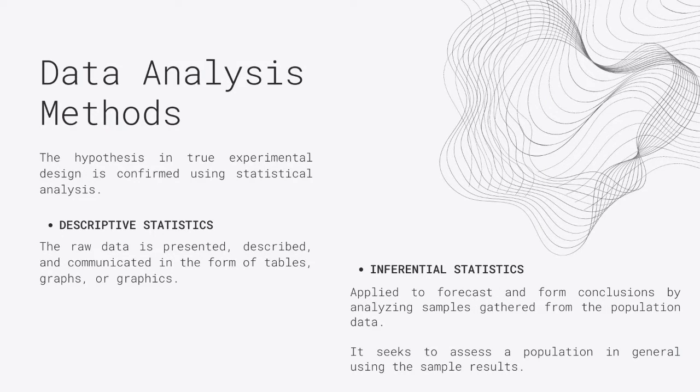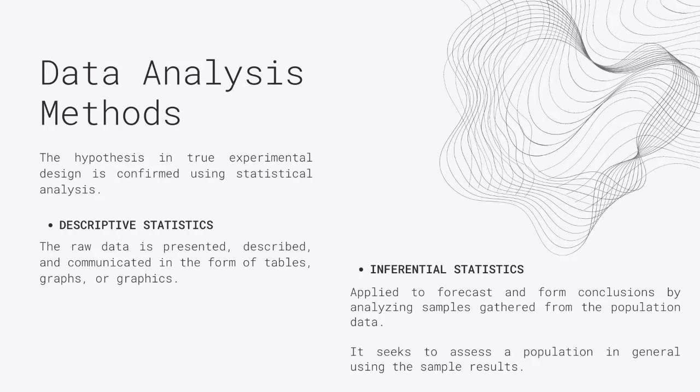So it could be in the form of histogram, pie chart, ogive, polygon, or even numeric data like central tendency, fractile, skewness, etc.